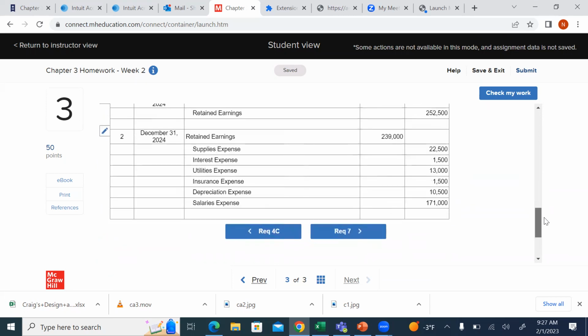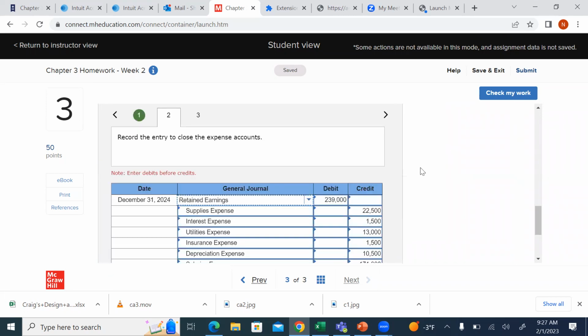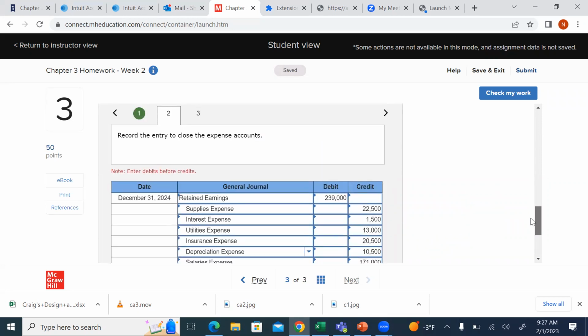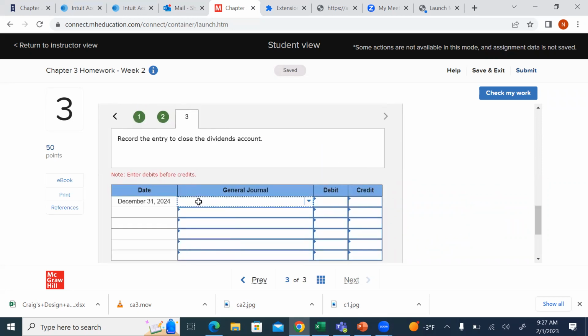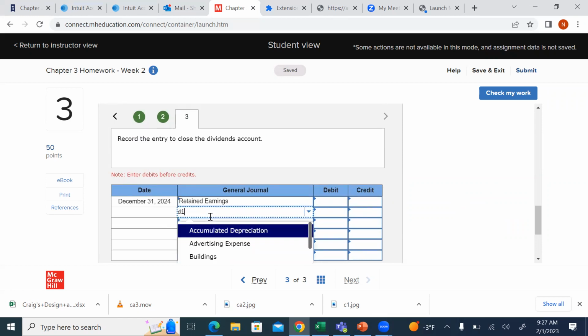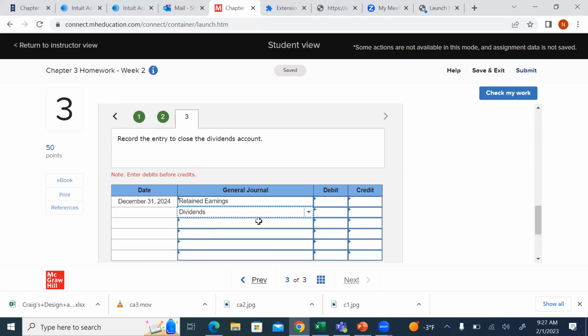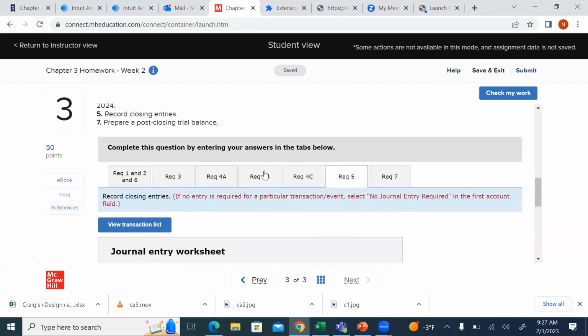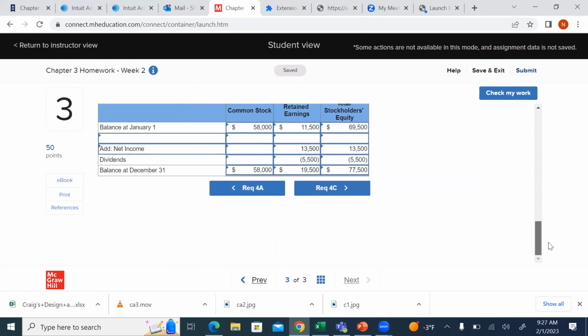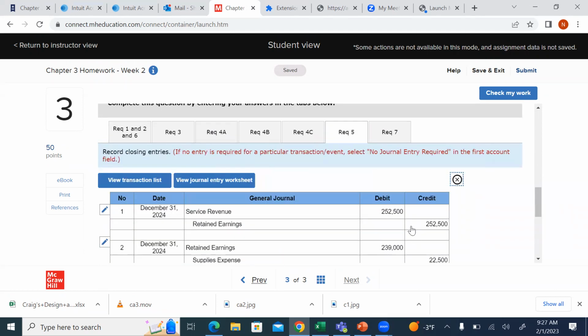And I probably didn't do my, did I close out my dividends? That's probably what I needed to do. Close out my dividends. So I will debit retained earnings, credit my dividends. Were they 5,500? The dividends were 5,500. So I'll close that out.